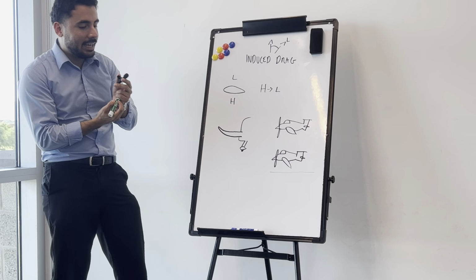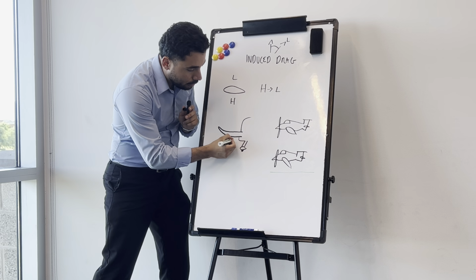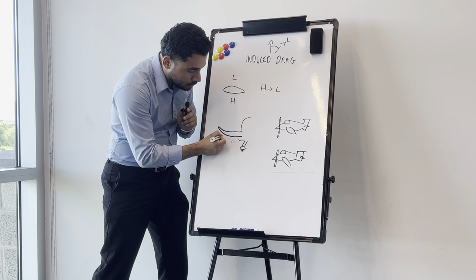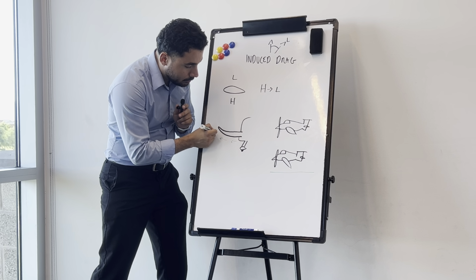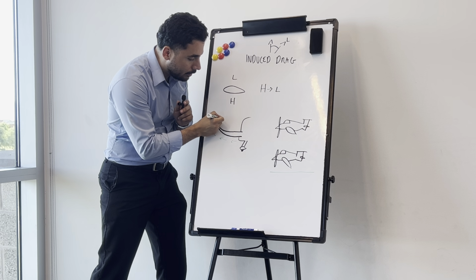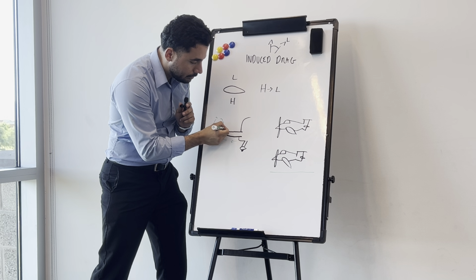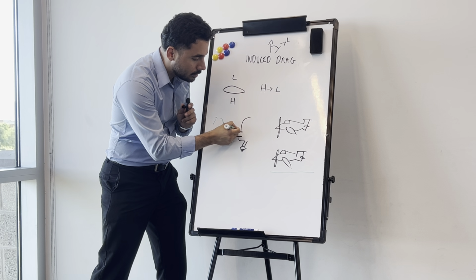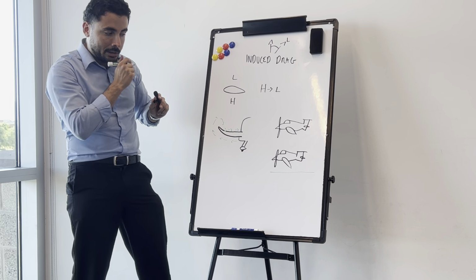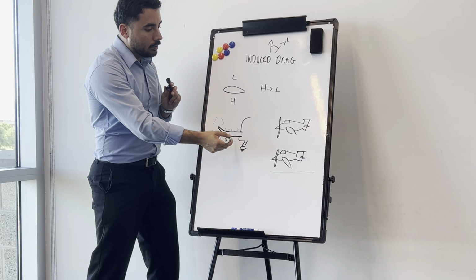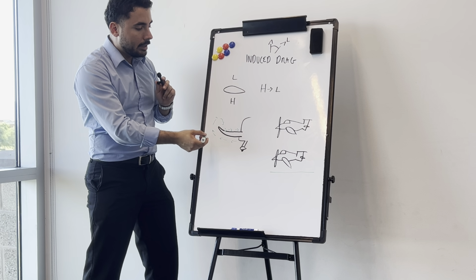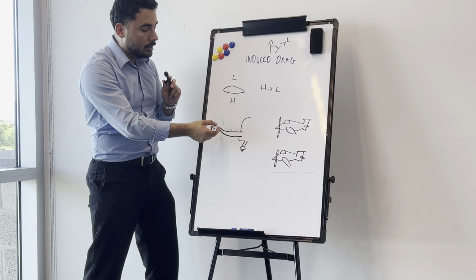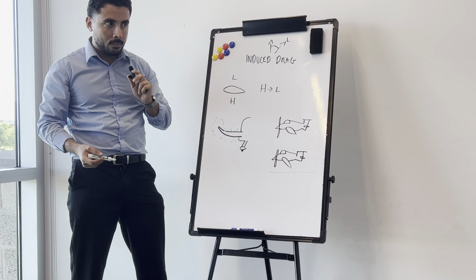So below the wing, we have the air flowing out towards the wingtip, and then it comes up and around the wingtip. And the air above the wing wants to move towards the fuselage. So below the wing, we have air moving away from the fuselage towards the wingtip, and above the wing, we have air coming around and moving towards the fuselage.